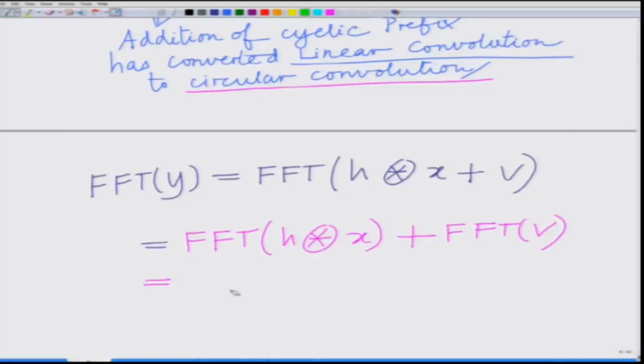So this is basically the FFT of h times the FFT of x, plus the FFT of v. Remember, the circular convolution in the FFT domain becomes a product. This is very important.